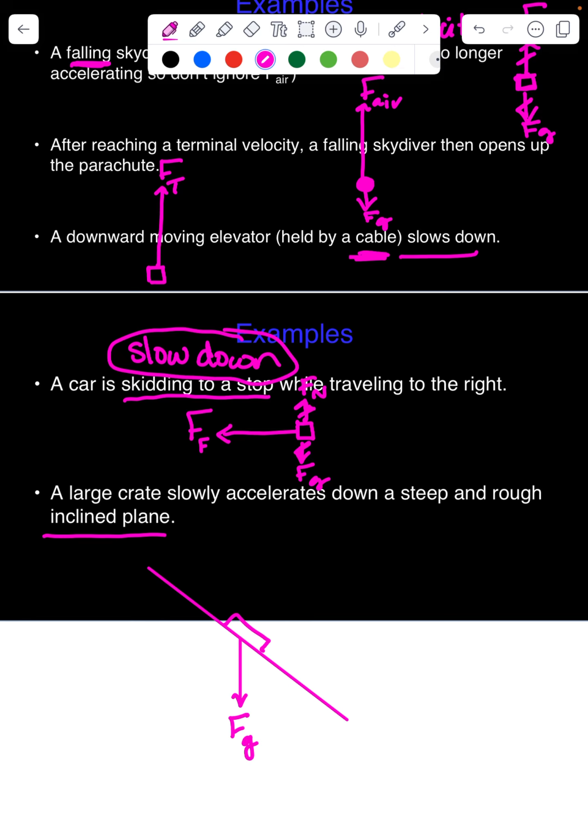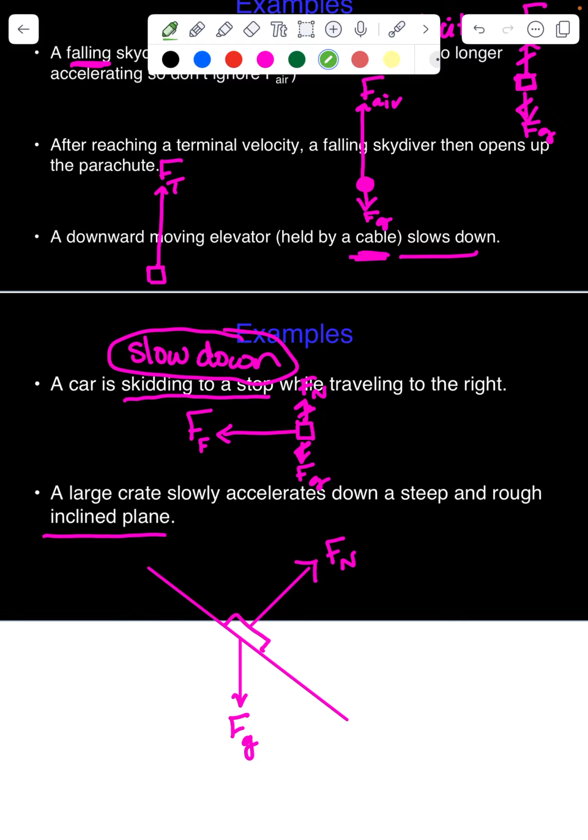It's on an incline. So one thing you need to remember is that normal forces are always going to be perpendicular to their surface. A normal force is always going to be perpendicular to the surface.